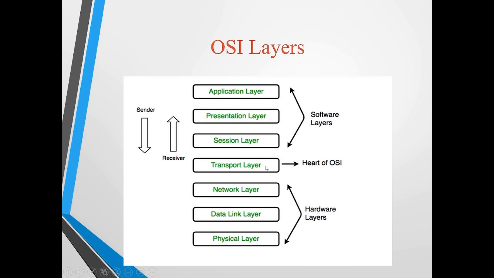So what is the responsibility of the transport layer? Have a look at what exactly this layer does. This layer takes the data and breaks it into segments on the transmitting end.